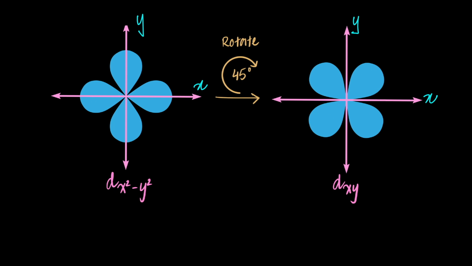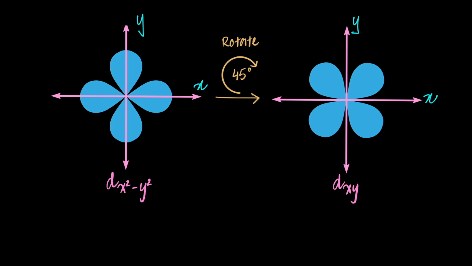So the dxy's lobes are going to be in all 4 quadrants of the xy axes, while x²-y² is the orbital where the lobes lie on the x-axis and on the y-axis. That is the difference between lying between the axes and along the axes. Between the axes means within the quadrant, and along the axes means the ones that lie literally along the line y and along the line x. And they are both in the same space together.